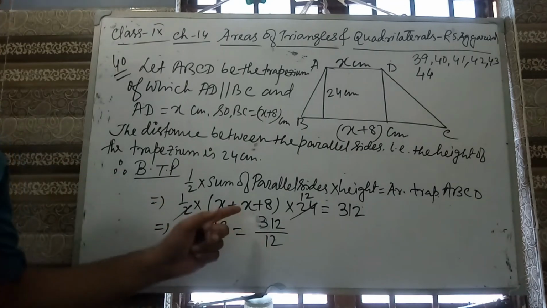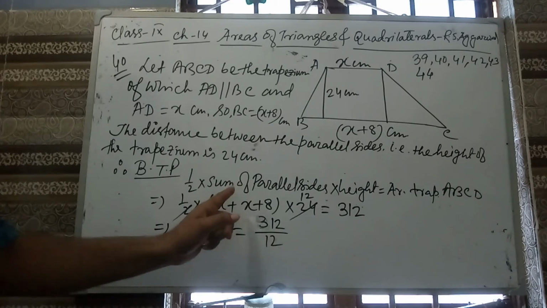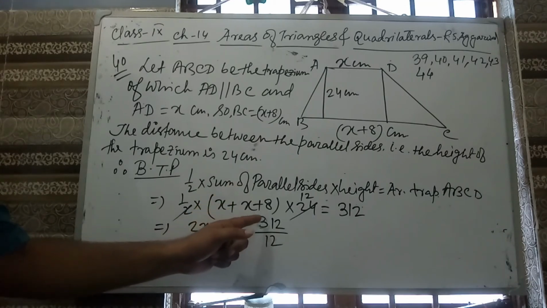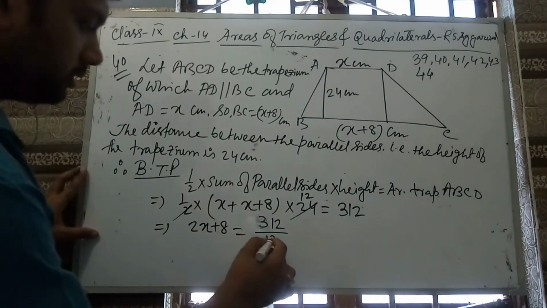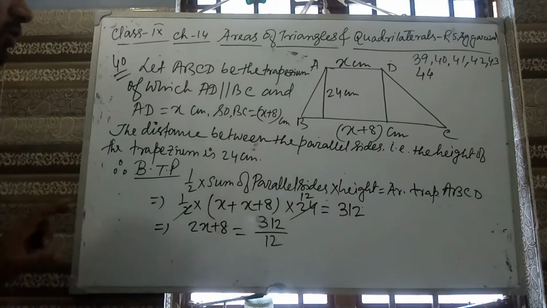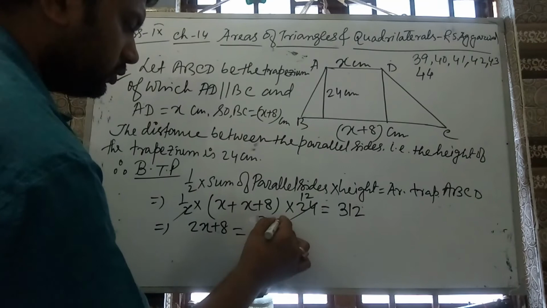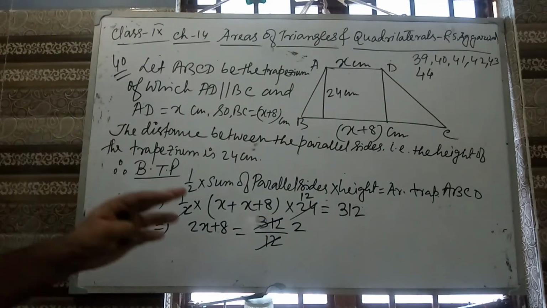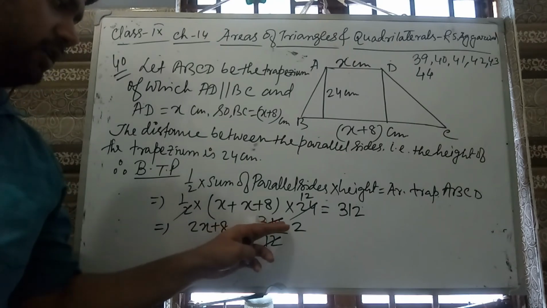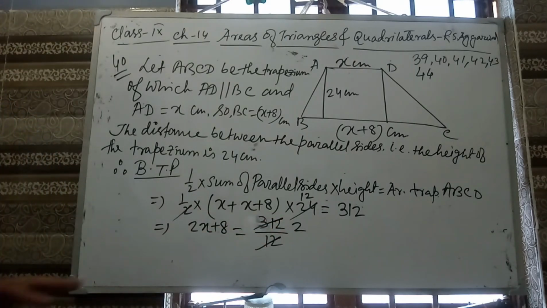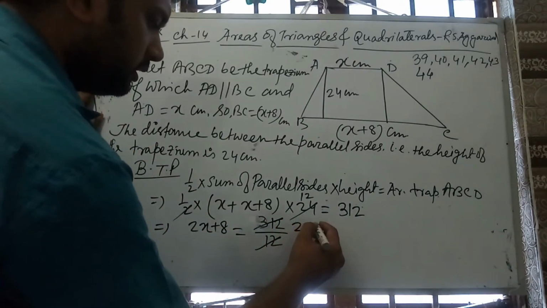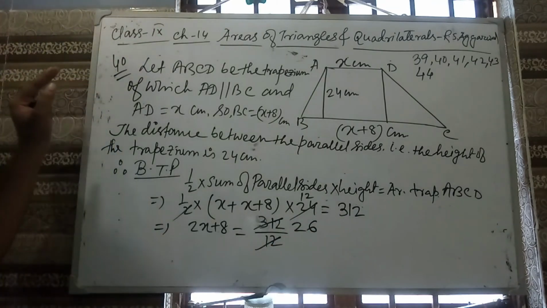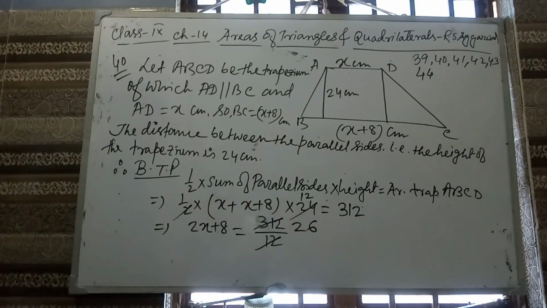Okay, so 12 into 2, 6. So this 312 is divisible by 12. 12 into 2 gives you 24. 7 in hand and 2, 72. So 6 into 12 gives you 72. So it is 26.